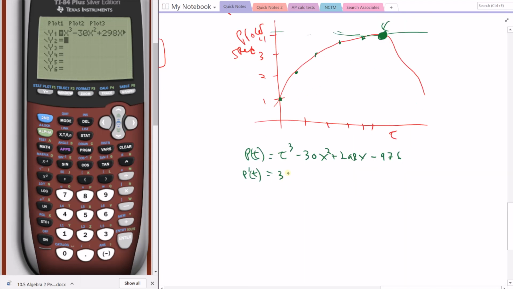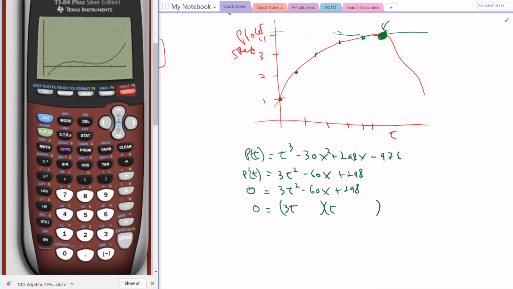So you would get the derivative, and then you'd set it equal to 0. And then you would try to factor this, which is, you know, these are kind of big numbers, but remember we're trying to get these things to multiply to give us 298, had to give us 60.